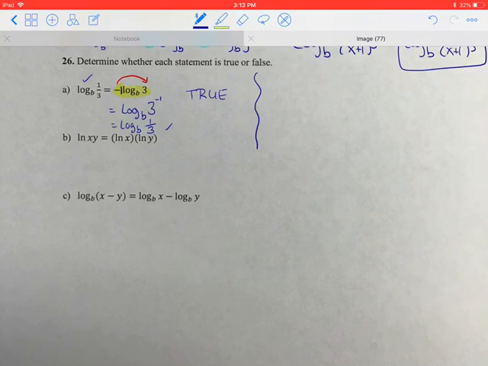Now it is also possible on A that you could have started with the left side. One thing I could have done is I could have seen this as a quotient. So I could have manipulated the left side and made it log base b of 1 minus log base b of 3, only working with the left side.